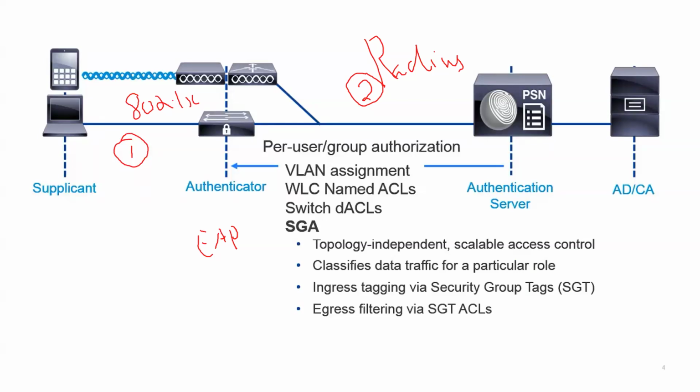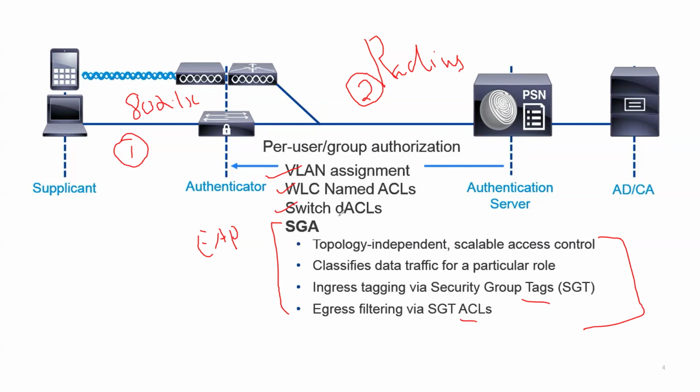So now here you can see clearly that once you get authorized, then VLAN assignment will happen, then dynamic ACLs will get pushed, or SGA. If we have this micro-segmentation, then those labels, the tags, will get pushed.